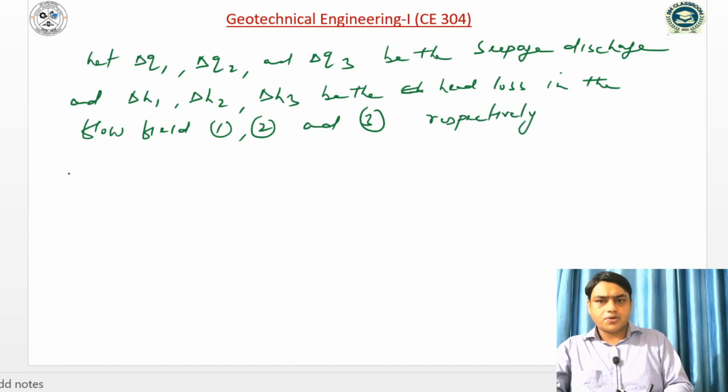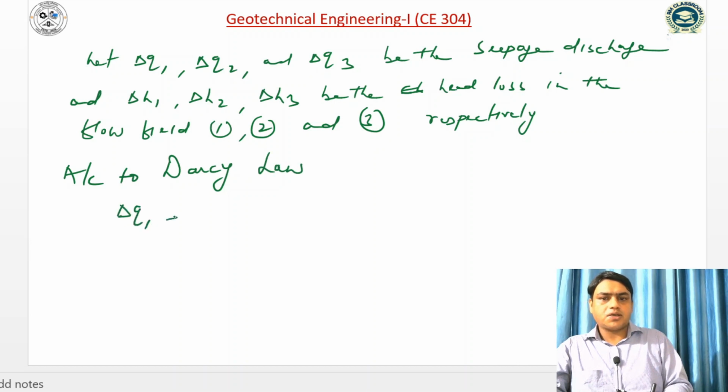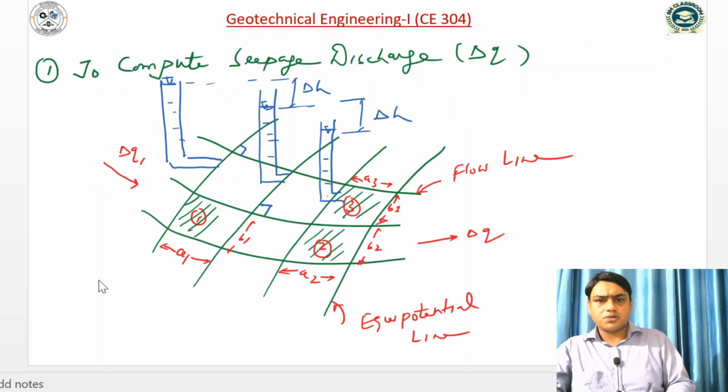We can write according to Darcy's law, delta Q1 is equal to K i A, since according to Darcy's law in terms of discharge Q is equal to K i A. The coefficient of permeability is the same. So let us assume the coefficient of permeability is K into i. I can be written as delta H1 divided by the length of the path, which is A1.